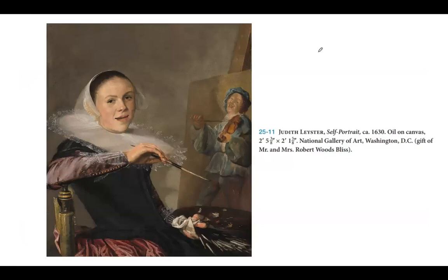So one of Frans Hals' followers was Judith Leyster. She picked up many of his attributes. You can see that with that little smile she's doing there. And then you can get some information about her in this painting.